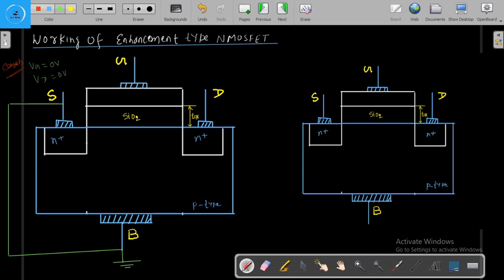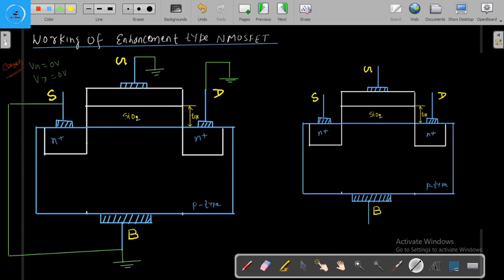So here I am making the source, drain, gate and body all at 0 potential. This means I am grounding all the 4 terminals.